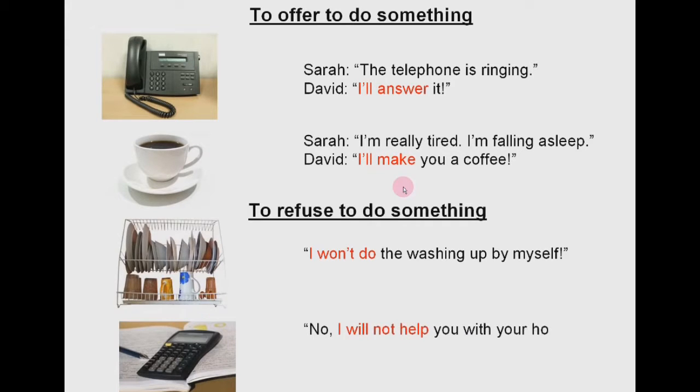No, I will not help you with your homework. So here we are refusing to do the washing up. So we use the future simple. And this is the contracted form. And this is the full form. But both with the same meaning. It's the future. And we are refusing.